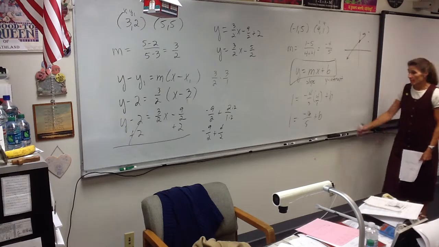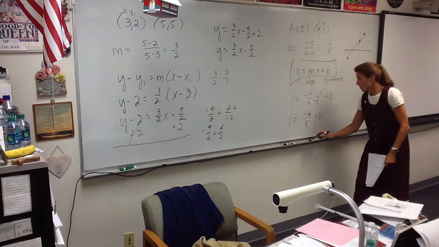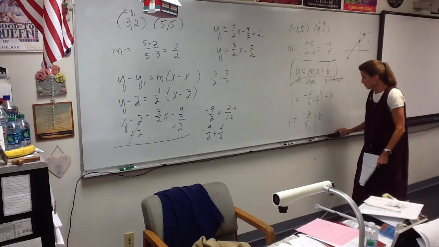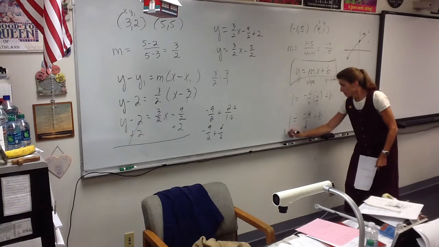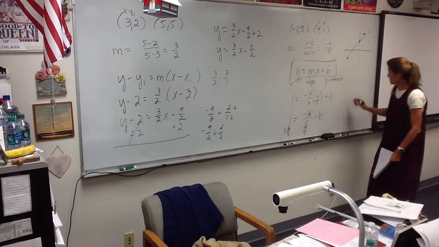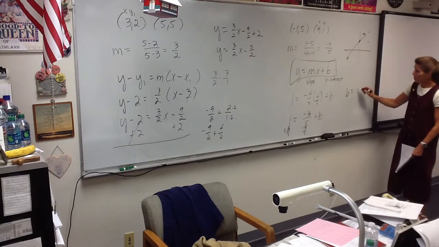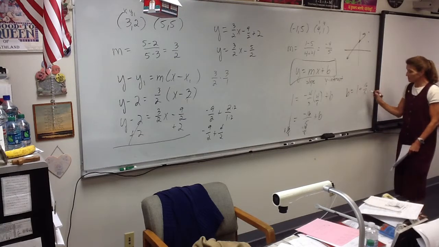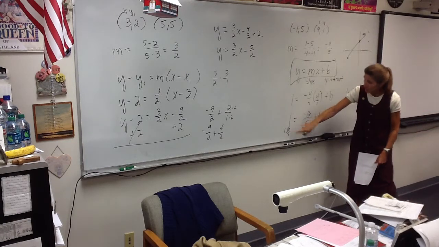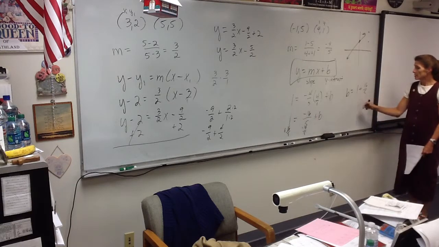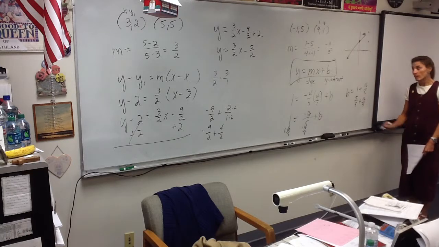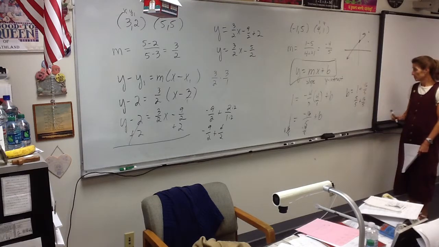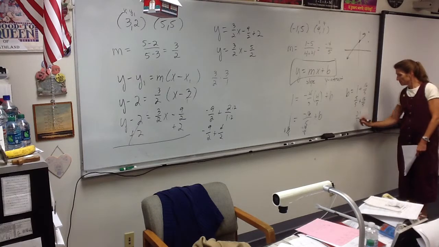Now, I got to get b by itself. So I'm going to add 16/5 over here. So b is going to equal 1 plus 16/5. I'm adding the 16/5 over to this side. So getting a common denominator, 5/5 plus 16/5 is 21/5.